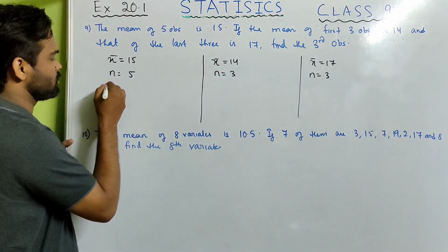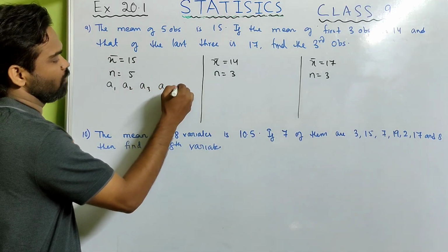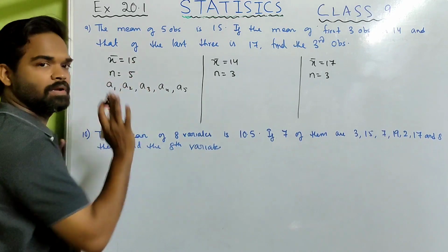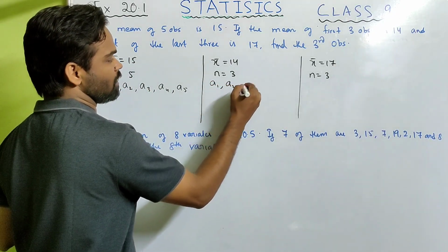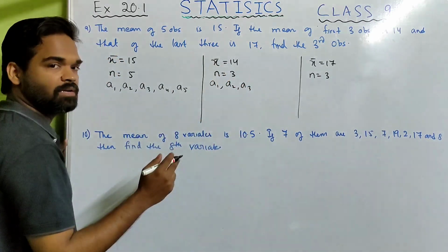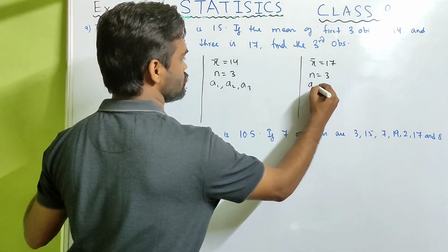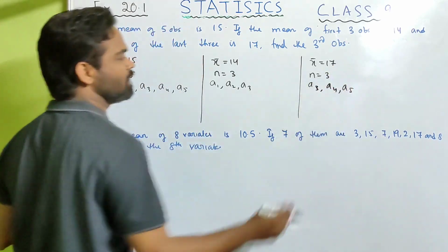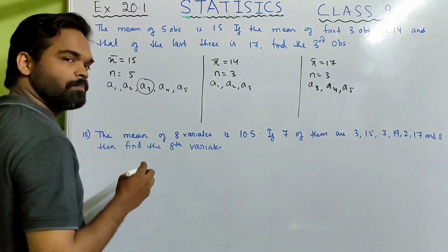Suppose there are 5 numbers, A1, A2, A3, A4, A5. The mean of all 5 is 15, but the mean of the first 3, that is A1, A2, A3, is 14, and the mean of the last 3, that is A3, A4 and A5, is 17. They have told us to find the third observation.